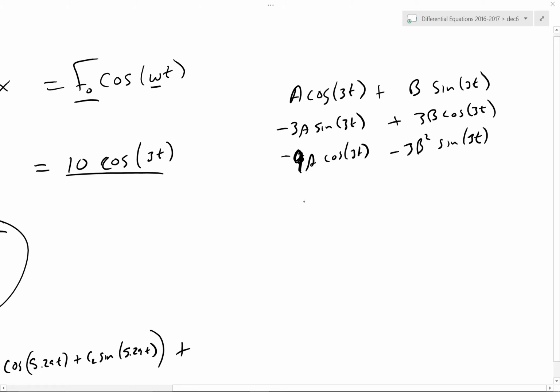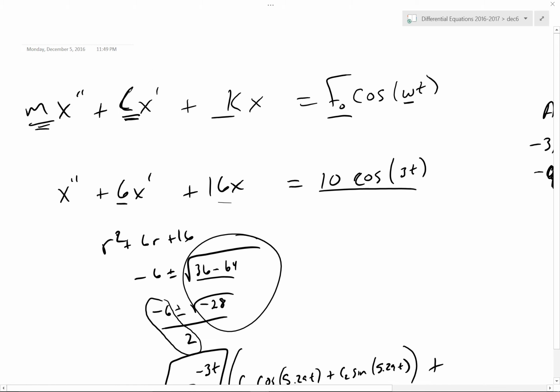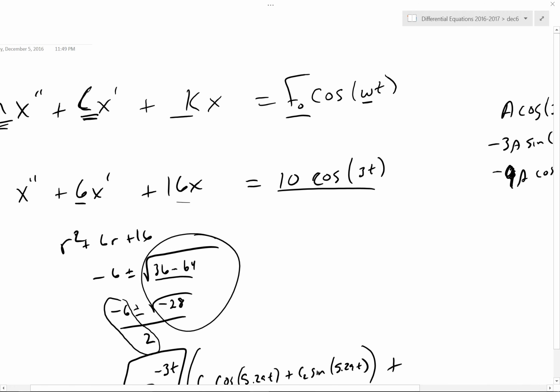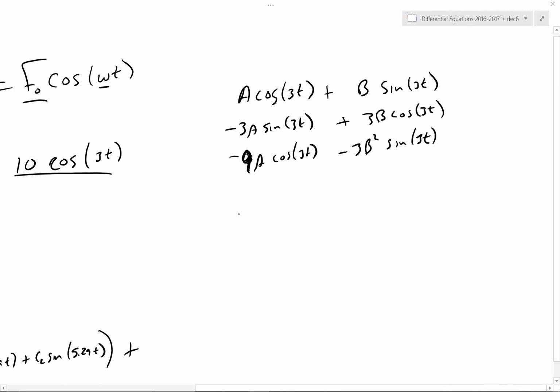So we know our cosines, and I've got one of the double primes. We got negative 9a minus 3b. These are cosine, this is sine. It's a 9.